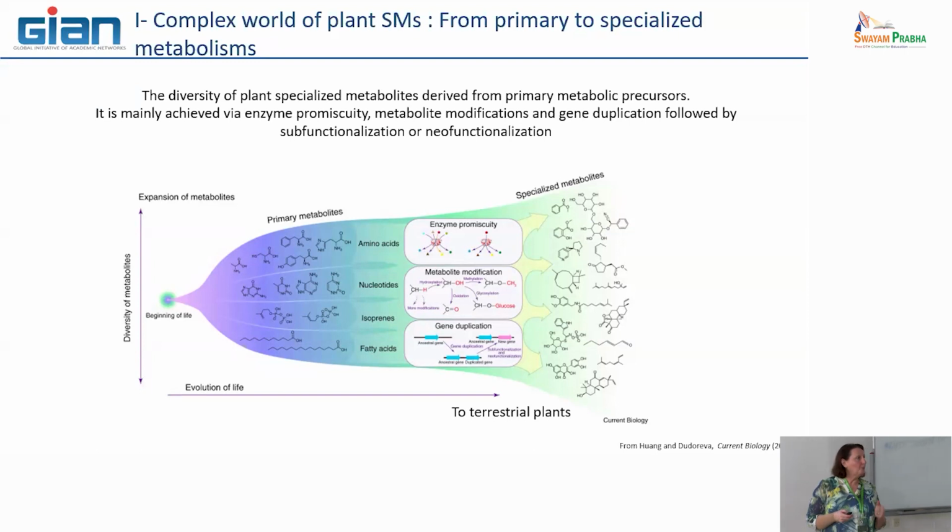This is the first point. It is what we call promiscuity of the enzyme, the ability to have several substrates. And there is also another point, because during evolution, what happens in plants? They have duplicated a large part of their genomes.